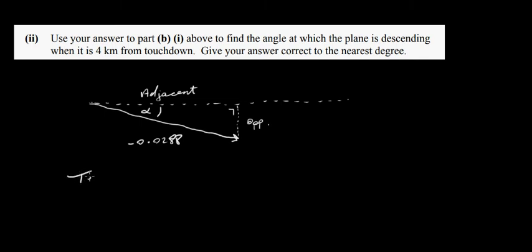So in other words, the tan of this angle, we'll call it alpha here, is minus 0.0288.